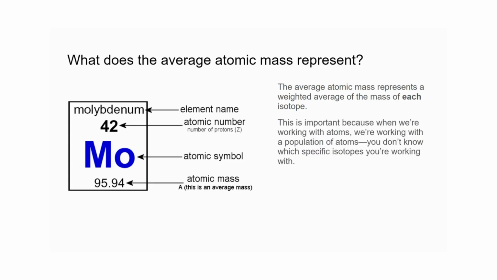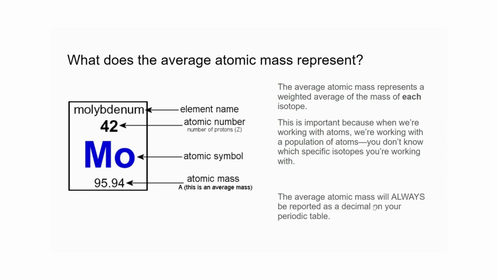This is super important because when we're working with atoms, we're working with a population of atoms. You don't actually know which specific isotopes you're working with most of the time. At least in this class, you are not going to know which specific isotopes you're working with. You have to go a lot further up in chemistry for that to be true.